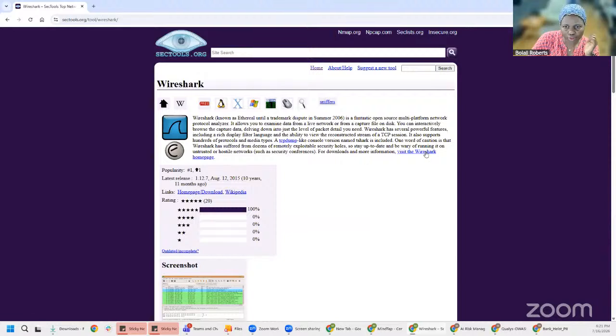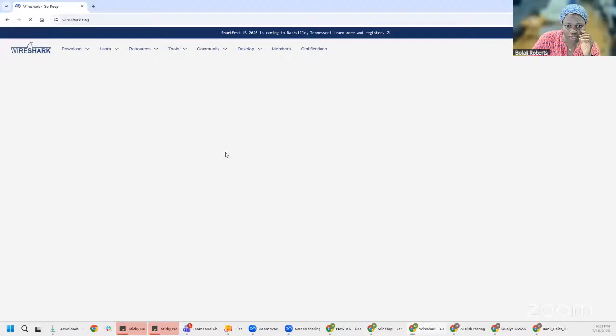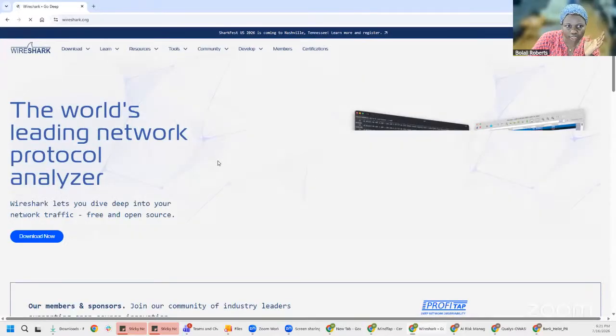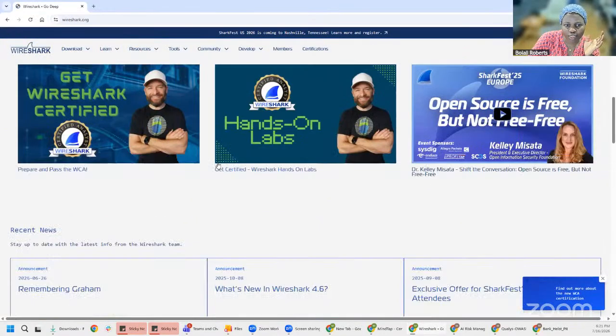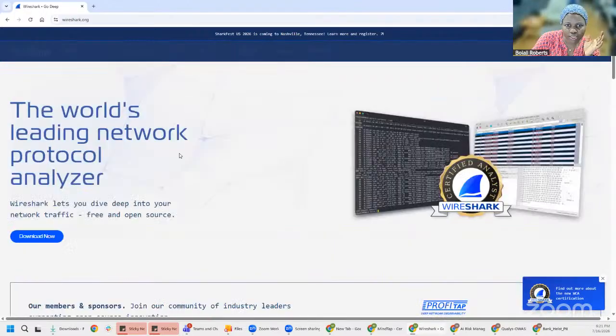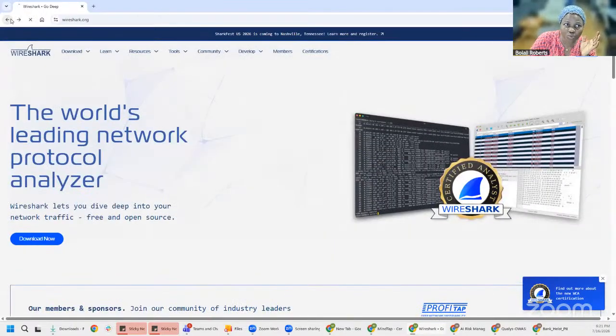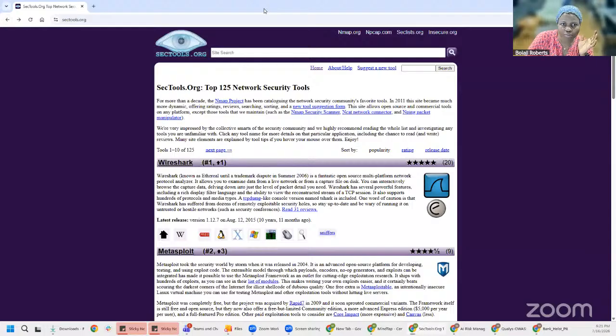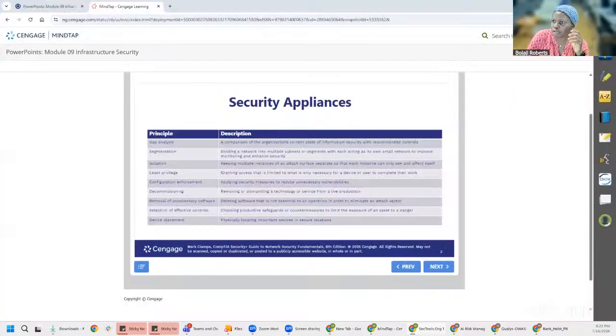So even though this one says it was last updated in 2017, that doesn't mean Wireshark hasn't been updated since. It just means that page was last updated at that time. If you know of any updated sites like this that have these tools, please share with me. But this is my whole time.